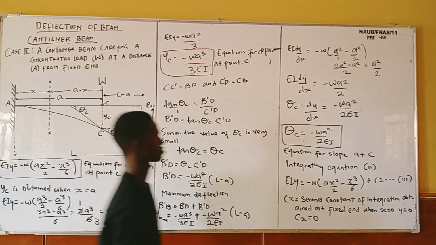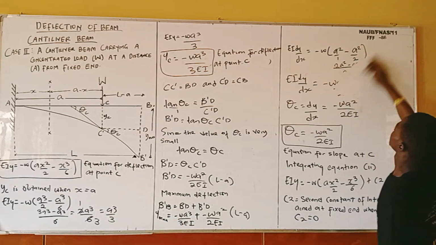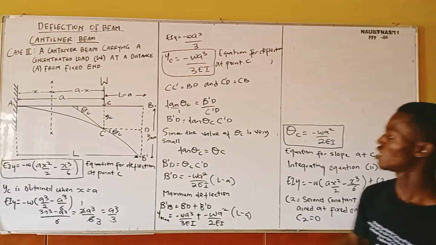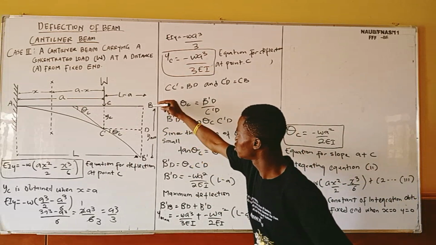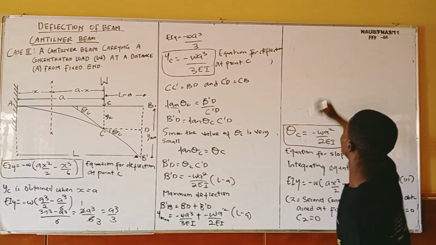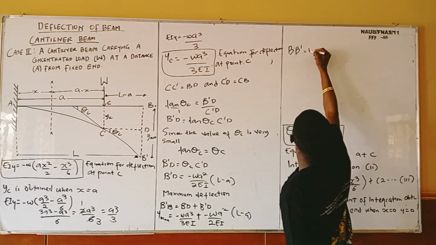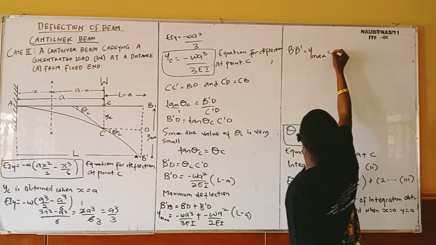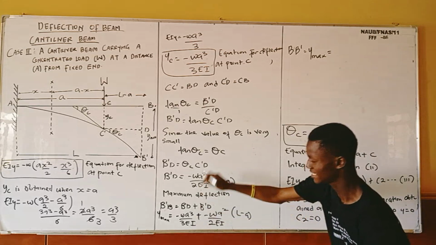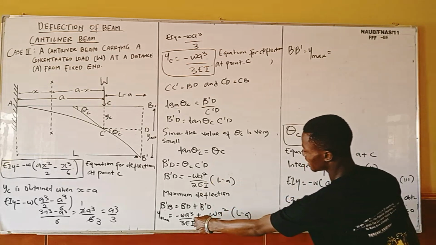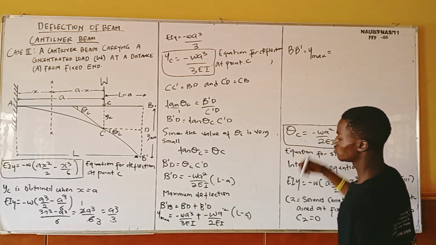My Y maximum at this point, B prime, is going to give me this one downward. You understand? So this negative means that the deflection is downward.